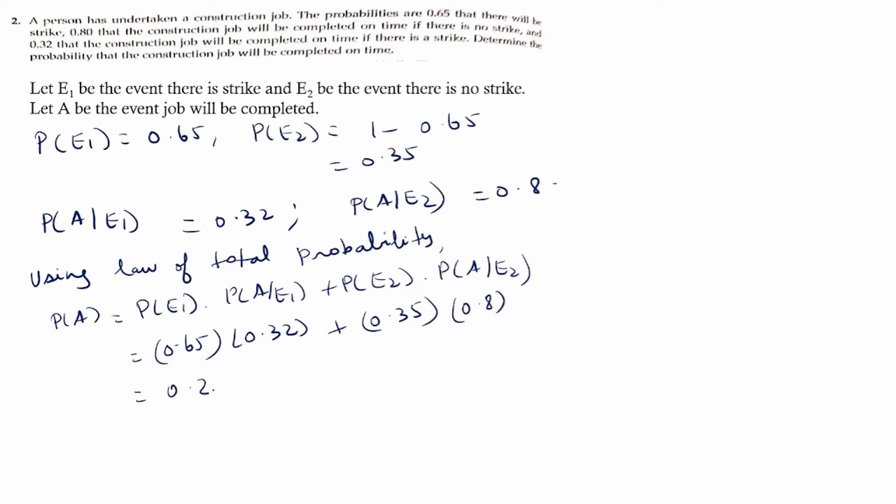So when we multiply, we get 0.208 plus 0.28, which is equal to 0.488. So the probability that the construction job will be completed on time is 0.488.